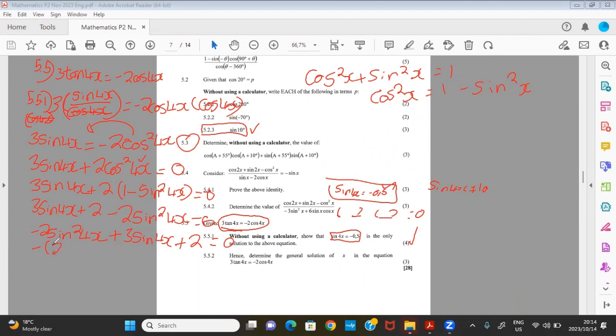So I'm going to have 2 sine squared 4x minus 3 sine 4x minus 2. So it can just fall away. So now I have 2 sine squared 4x minus 3 sine 4x minus 2 is equals to 0.